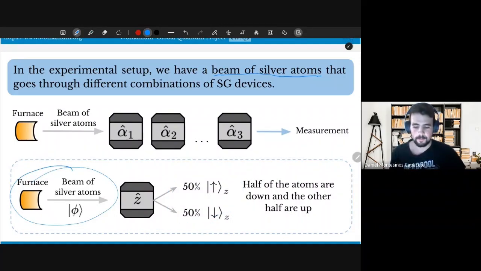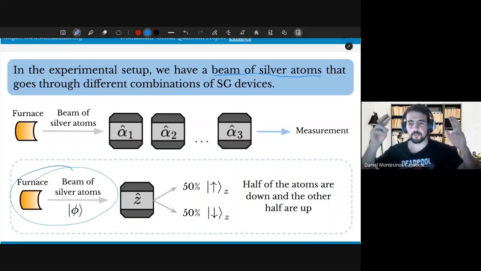Since it is a physical furnace, it's not perfect in a sense. It's not prepared to give you an exact state. It's not going to give you this state or that other state. So you don't really have information about the state that you are getting out of your furnace.